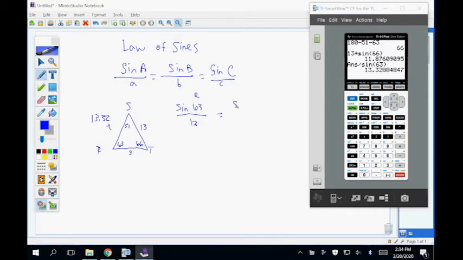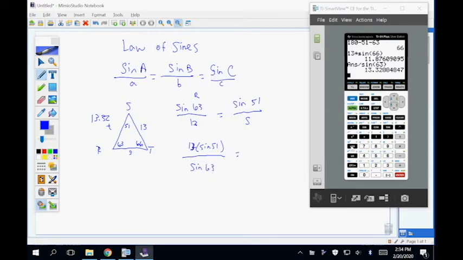We're going to set it equal to the sine of S, which is 51, divided by S. So cross multiply would be 13 times sine 51 divided by sine 63.